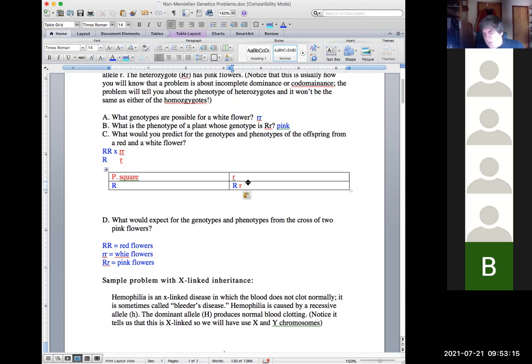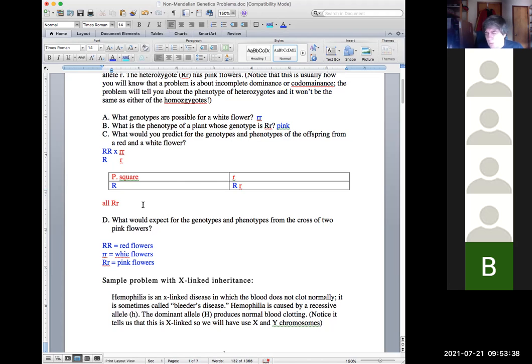Well, we probably didn't have to do a Punnett square realistically on this one, because the male can only make one type of pollen, the female can only make one type of egg, so they can only make one type of offspring. So what do you predict for their genotypes and phenotypes? Well, you can never leave your answer in the Punnett square. All of them are big R, little r.